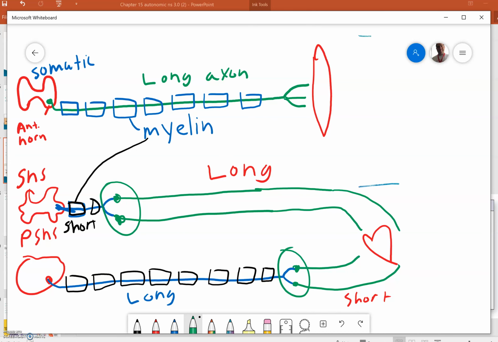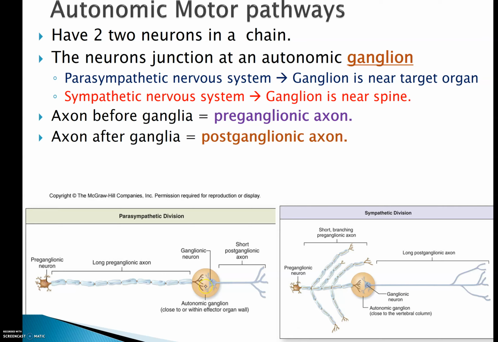So, if you remember the previous chapter, a ganglia is just a collection of cell bodies outside the central nervous system. Well, it leaves the central nervous system here. So here are cell bodies outside the central nervous system. And the ganglia lets us junction.